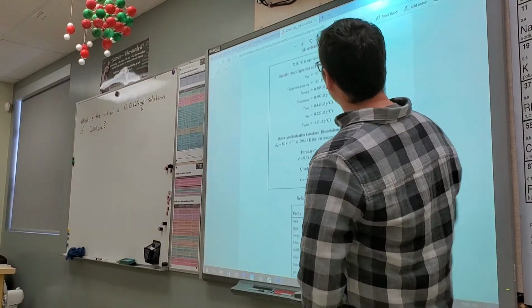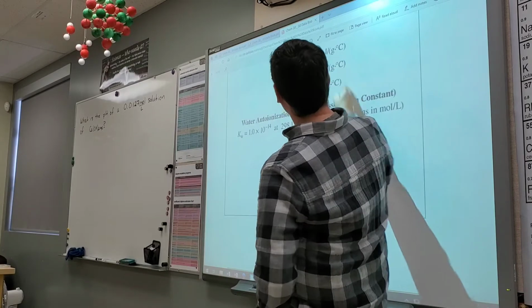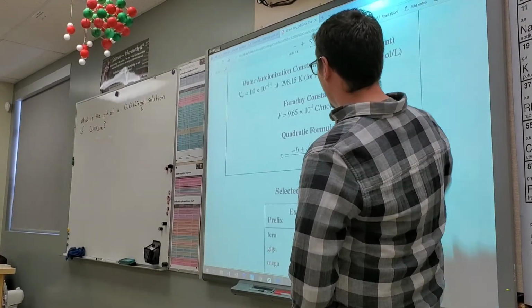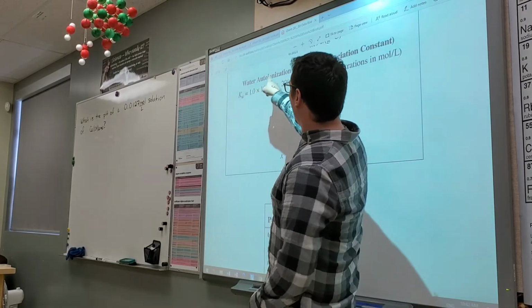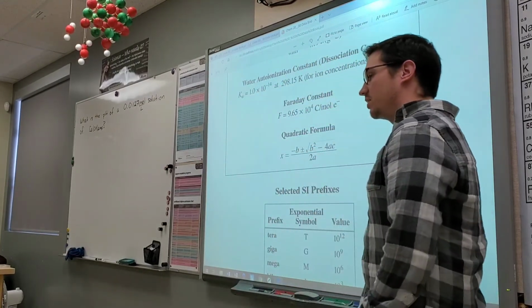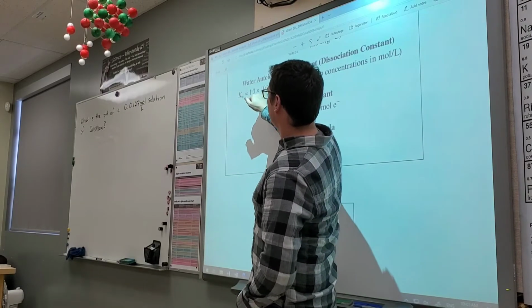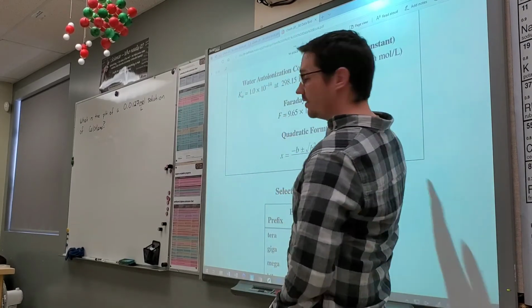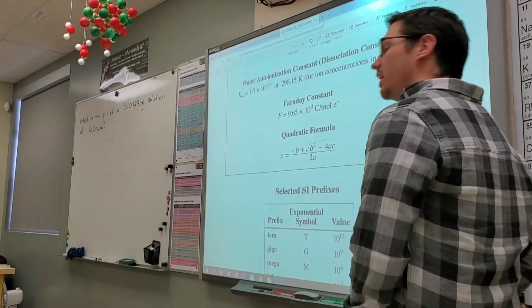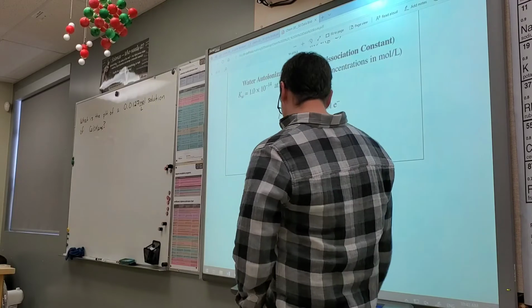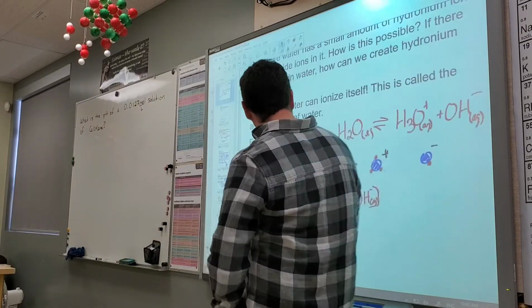And you keep going. And right here, in a table of miscellaneous information, down here, water ionization constant, or the dissociation constant for water. The value of Kw is 1 times 10 to the negative 14 at 25 degrees Celsius. So that value will always be given to you. You always have that available to you.